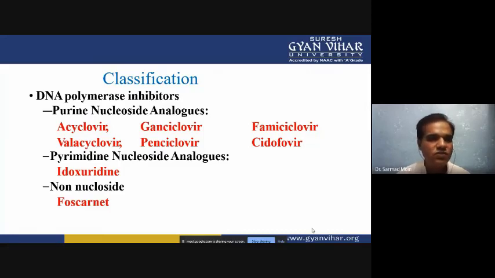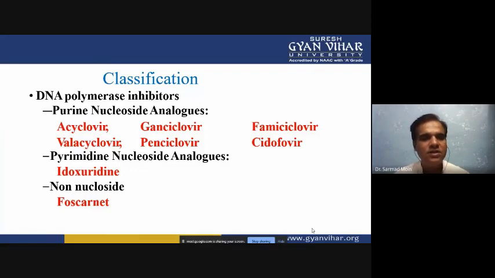Then purine nucleoside analogs are there, such as acyclovir, ganciclovir, valacyclovir, famciclovir, and cidofovir, and all these analogs can inhibit the DNA polymerase, so that replication of the DNA will be stopped.